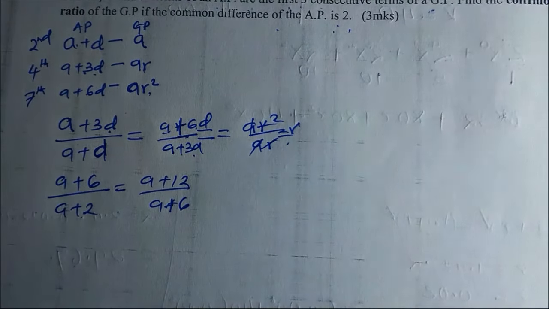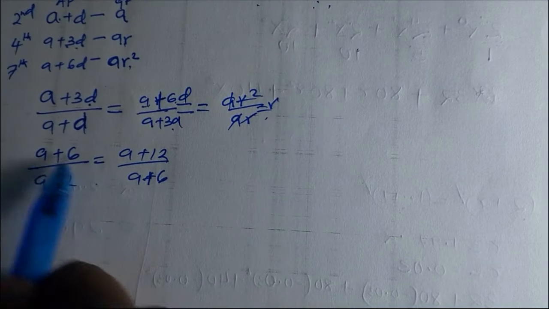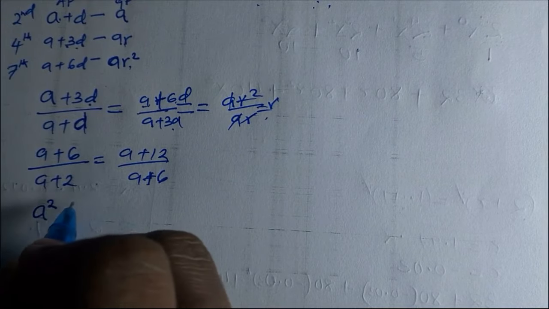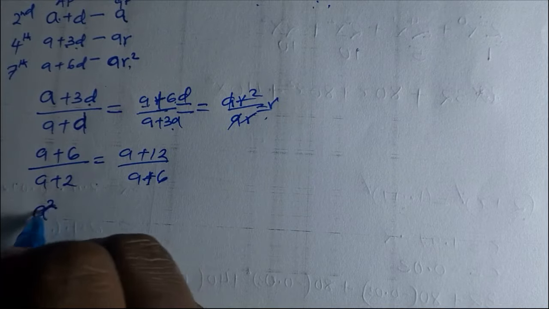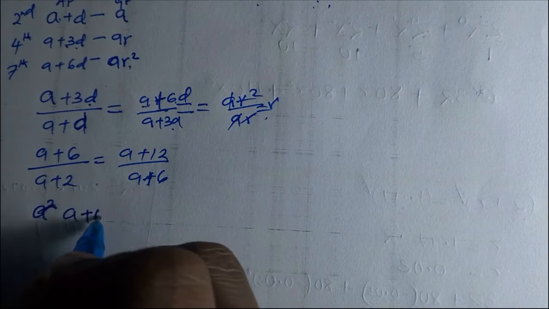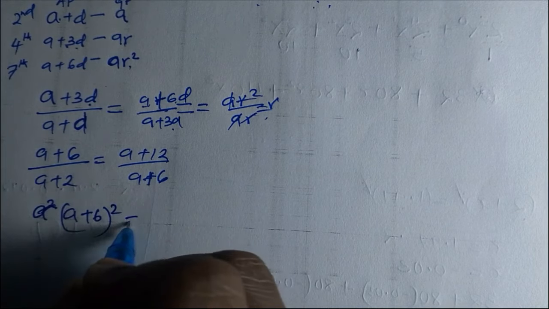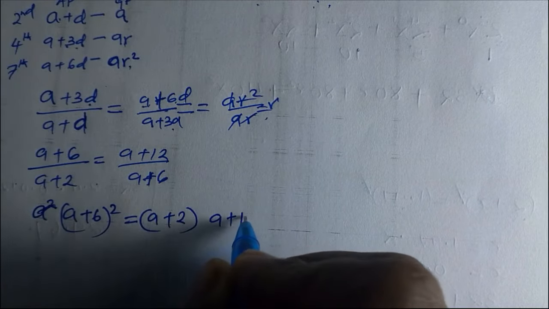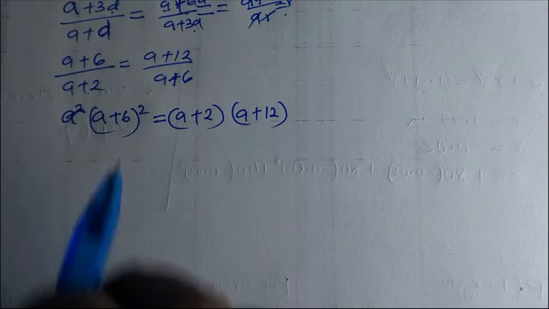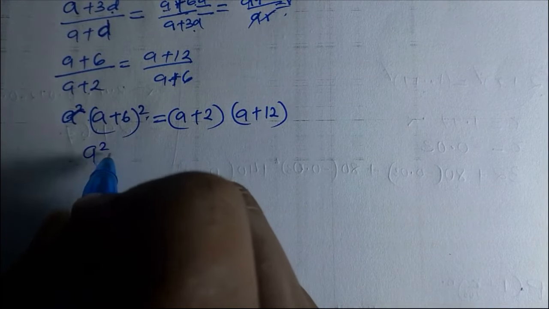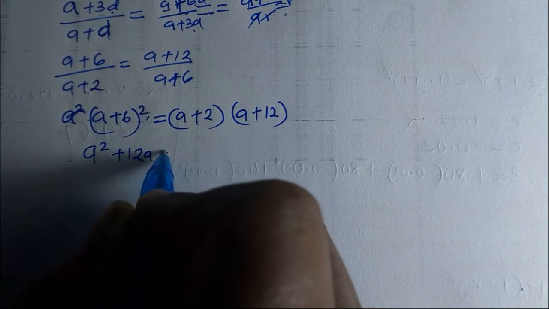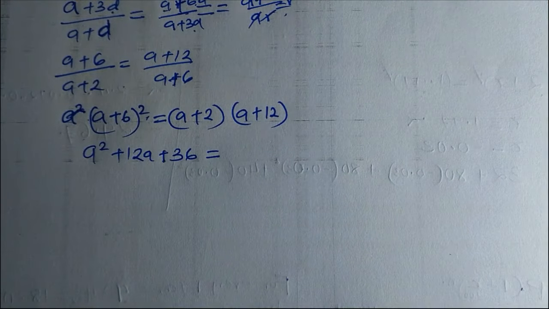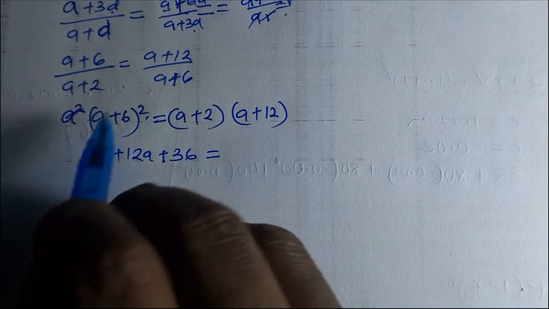Now let's multiply. Cross multiplying, this is A plus 6 squared equal to A plus 2 times A plus 12. So we square this: A squared plus 12A plus 36 equal to, so don't worry about the way I'm doing it. You can open and multiply one by one.